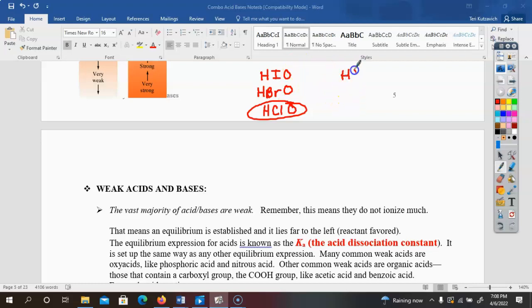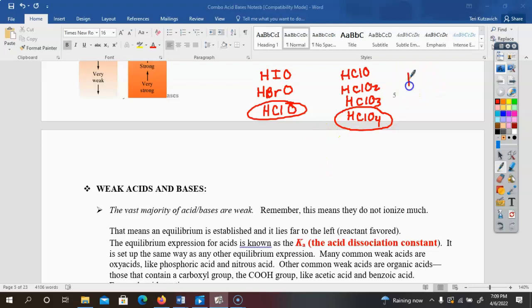How about if we do HClO and HClO2 and HClO3 and HClO4? Which one's your strongest acid? Can't look at electronegativity because they're all the same. The only thing that changes is the number of oxygen atoms. The more oxygen atoms, the stronger the acid.